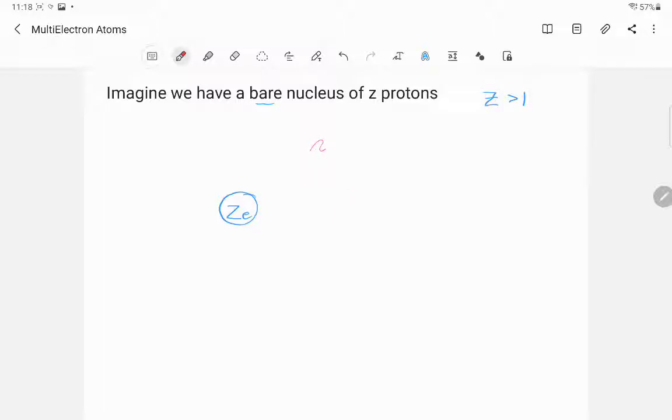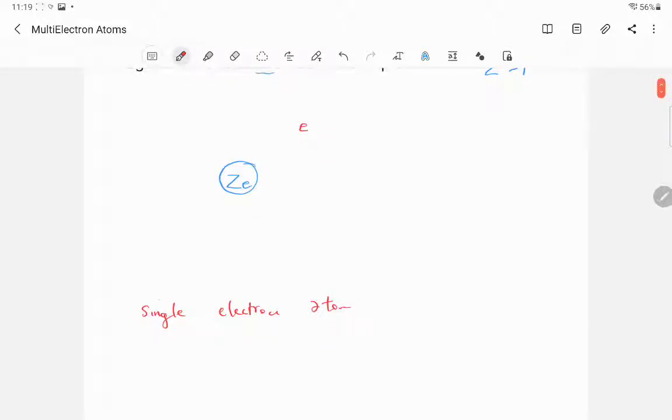And when I imagine putting the electron on, you might say I now have a single electron atom, and with this single electron atom, we already know how to write down the energy.